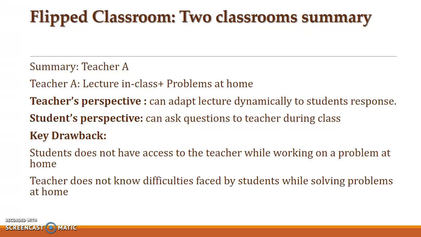If they have any doubts or queries, we can solve them there itself in the classroom. And the student's perspective is that they can ask questions of the teacher during class, so they are accessible to the teacher when they're solving examples, or when the teacher is taking some topic, they can stop him or her and ask questions. So all these points seem to be the advantages of the teacher A model.